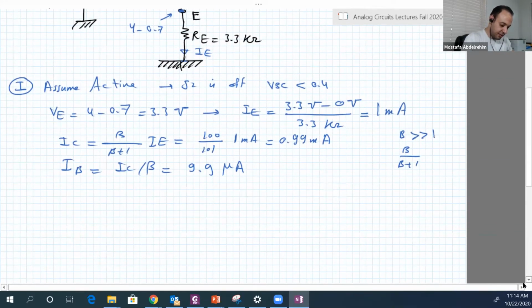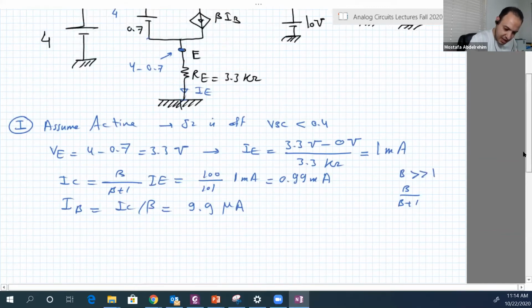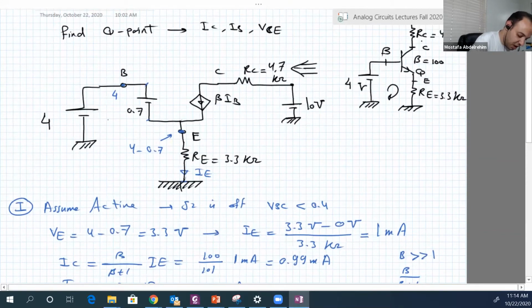Now VCE. Let's look at the circuit here. This is VC. This is 10, and the current flowing here, IC, is known now.